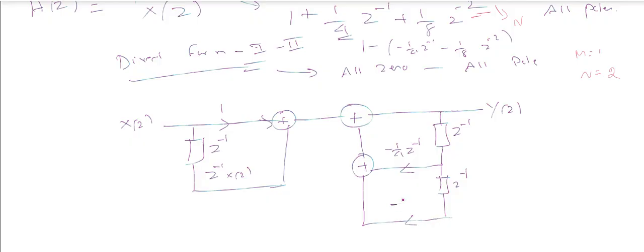So minus 1 by 8 z minus 2. So this is the direct form 1 structure. Y of z.